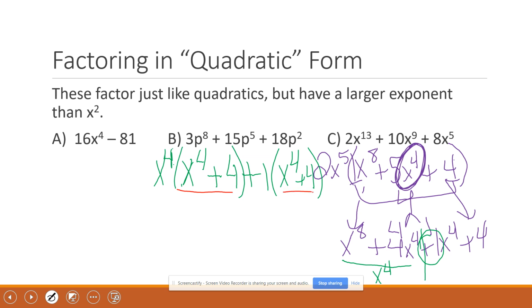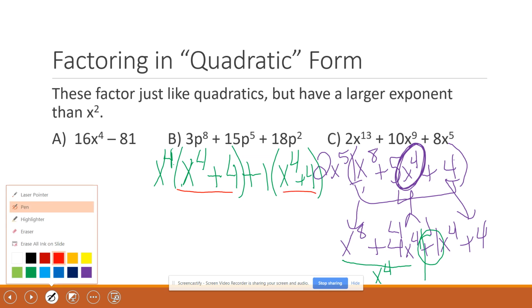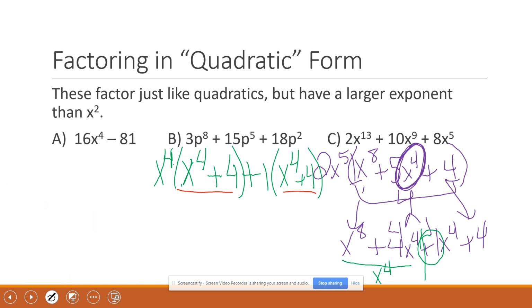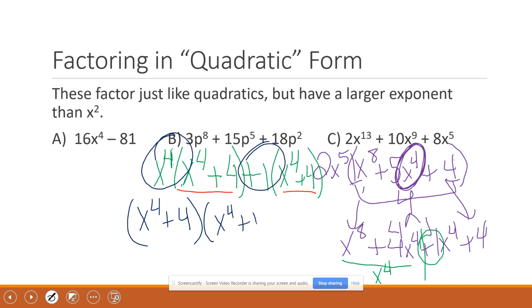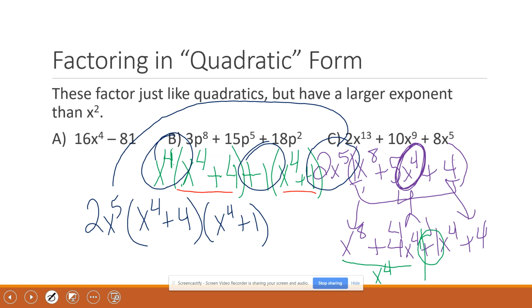So we have, nice, our parentheses are the same. So x to the 4th plus 4 is one of our answers. We pulled out x to the 4th plus 1 for another answer, and we go back to our greatest common factor, 2x to the 5th.